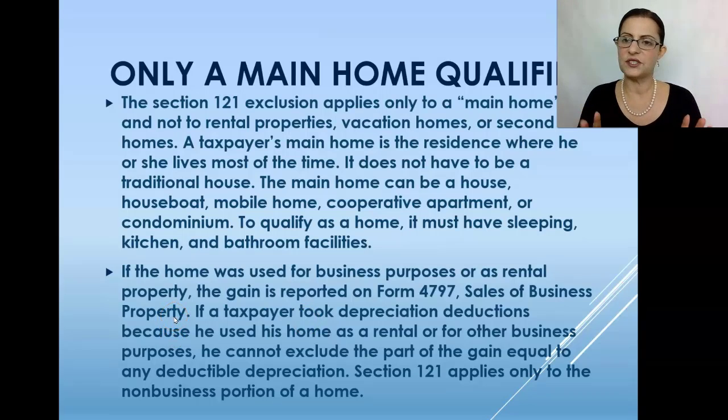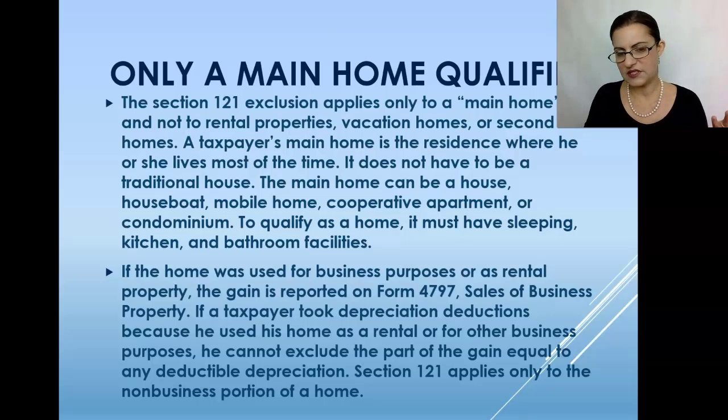So I want you to understand that it's possible for a person to still qualify for the Section 121 exclusion, even if the home is not the taxpayer's main home right now. It's not uncommon for people to move out of their main home and then put it up as a rental property, thinking, oh, I'm going to keep it as a rental property, and then rent it for a little while and then say, I don't want to do this anymore.